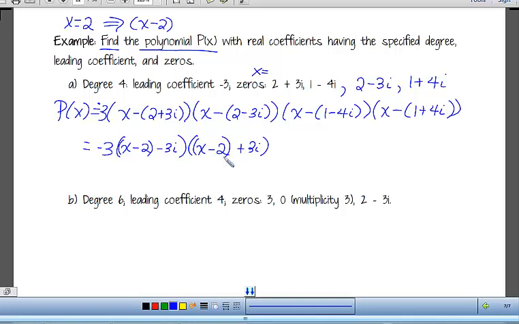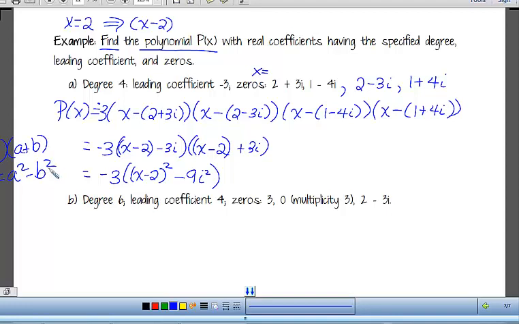I'm going to stop and tell you why I'm doing this. Notice now I've got the same thing here and the same thing here. These factors are now conjugate pairs. Do you see that? And so when I multiply these two together, they multiply out to be x minus 2 squared minus 9i squared, because of the rule that we talked about a little bit earlier: a minus b times a plus b equals a squared minus b squared.